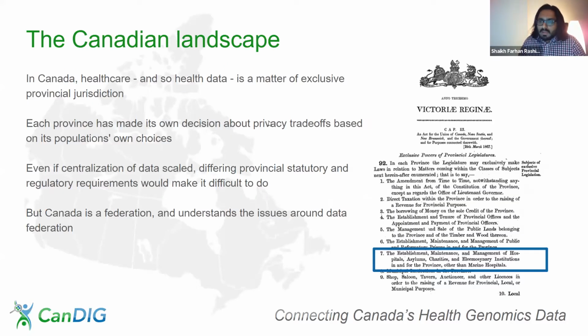So every day, genomic data is being produced at sites across Canada, but accessibility of that data to researchers continues to be a challenge at the national scale. In Canada, healthcare and therefore health research data is a matter of exclusive provincial jurisdiction.